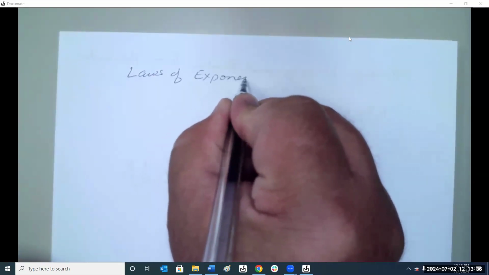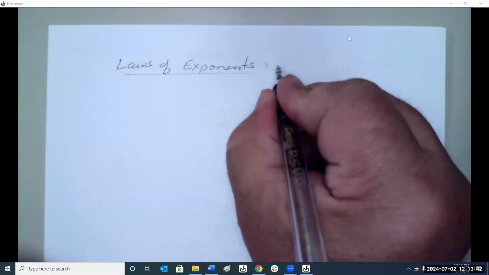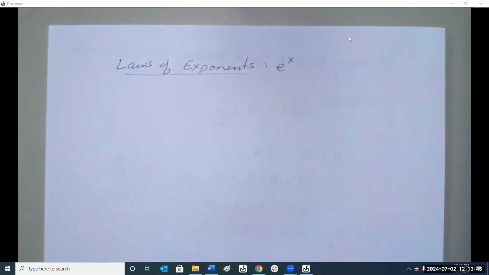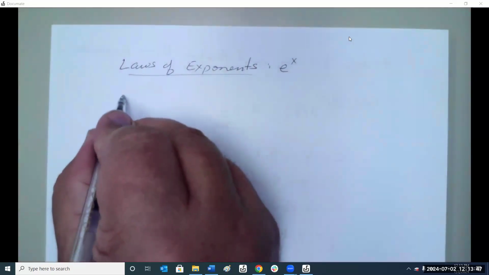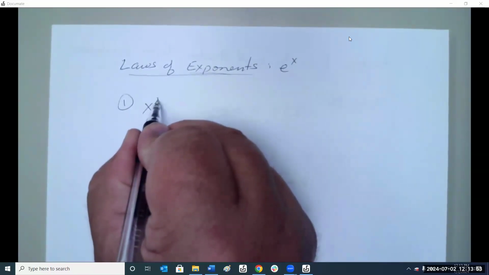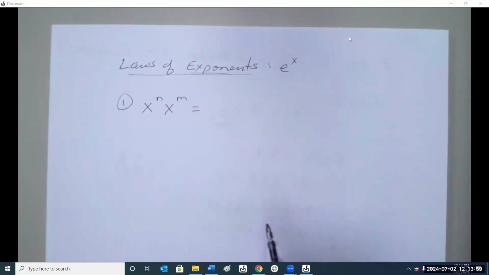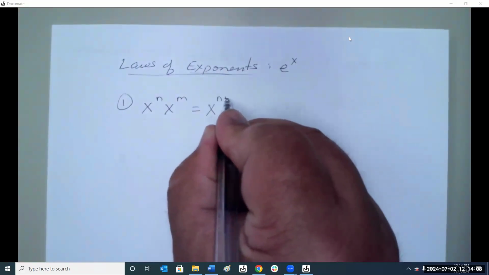The last thing we have in this section here are the laws of exponents. It goes from the algebraic aspect. If you have the same bases, what do you do with the exponents? Add them, right?